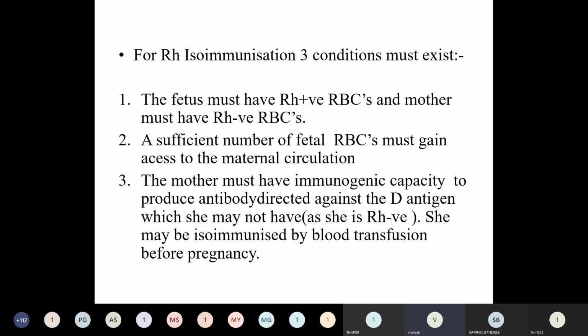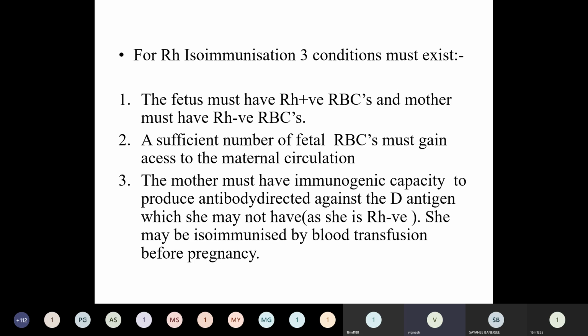A sufficient number of fetal RBCs must gain access to the maternal circulation. The mother must have the immunogenic capacity to produce the antibody directed against the D antigen, which she may not have as she is Rh negative. So she may be immunized by a blood transfusion before pregnancy.